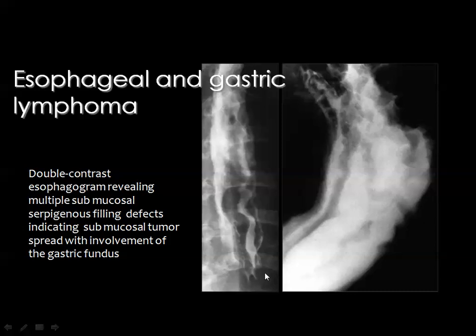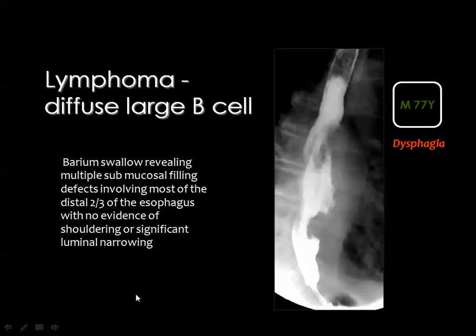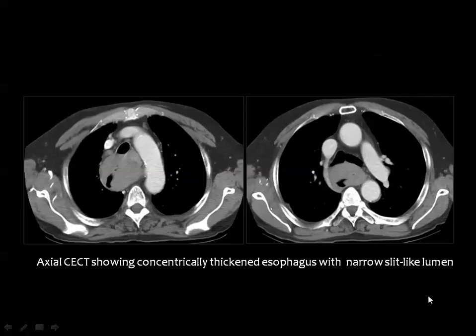Then one of the suggestive criteria of lymphoma by barium swallow is the presence of multiple masses. Esophageal cancer usually presents with a stricture or a single mass, but if you see multiple masses like this, it is one of the suggestive criteria. On CT scan, lymphoma and carcinoma cannot be differentiated.